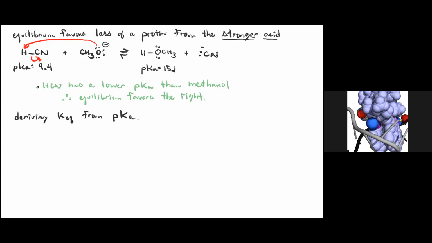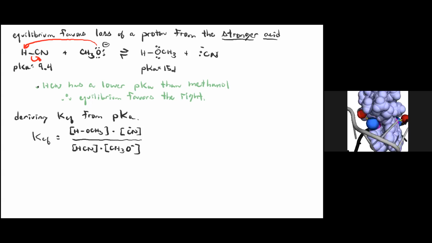And so I can make that expression here. So the concentration of methanol times concentration of cyanide over the concentration of HCN times the concentration of methoxide.